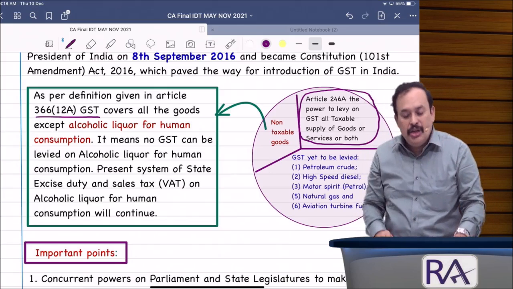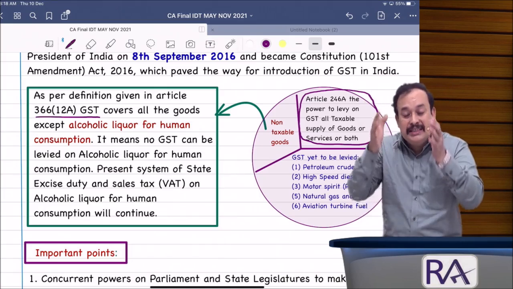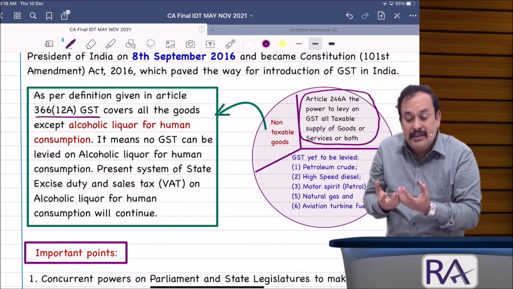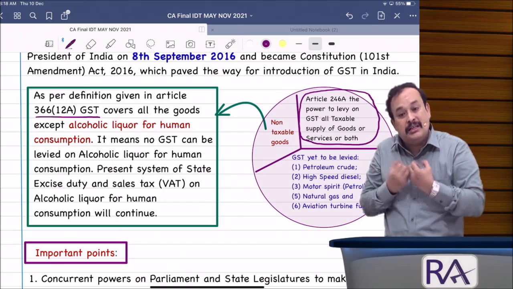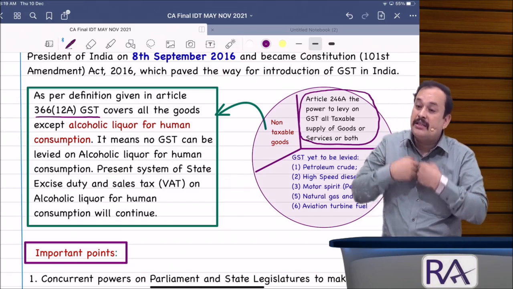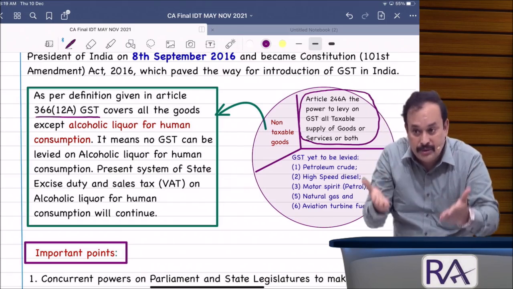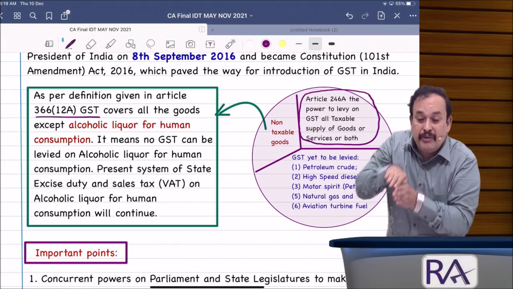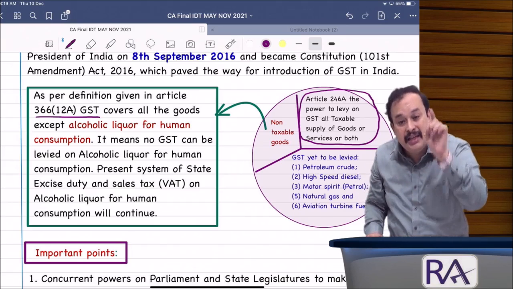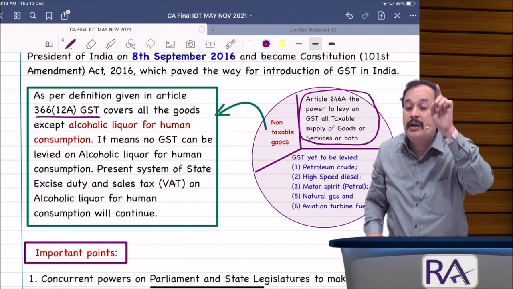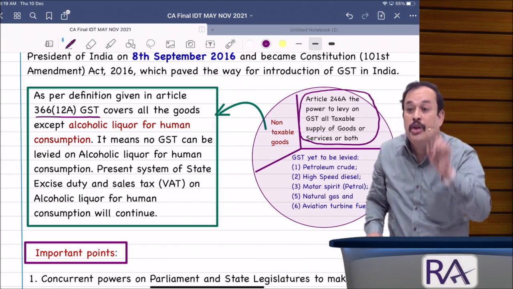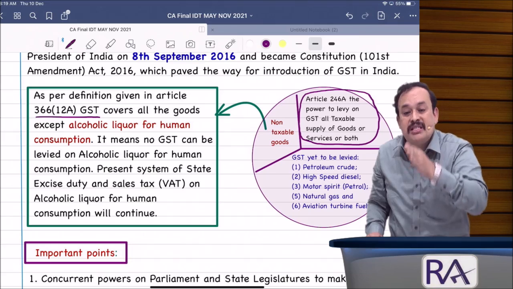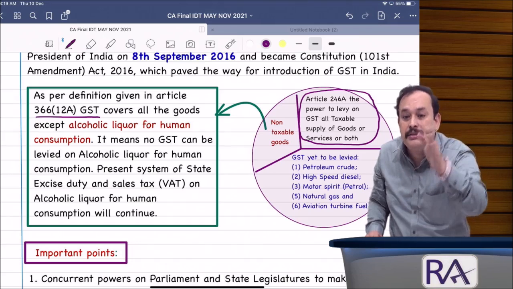That's why Article 246A of the Constitution of India gave the power to the government, central and state, to levy the tax on supply of goods or services or both, keeping separately a provision in Article 366, sub-article 12A of the Constitution of India, which says that we are not going to levy the GST on sale of liquor.